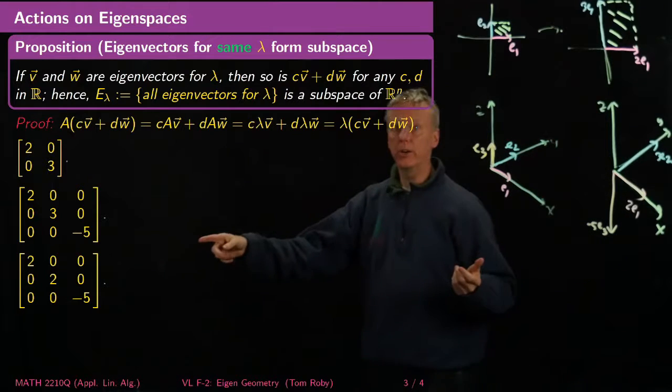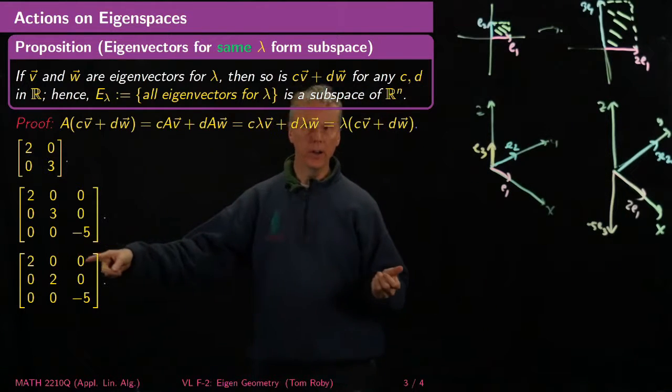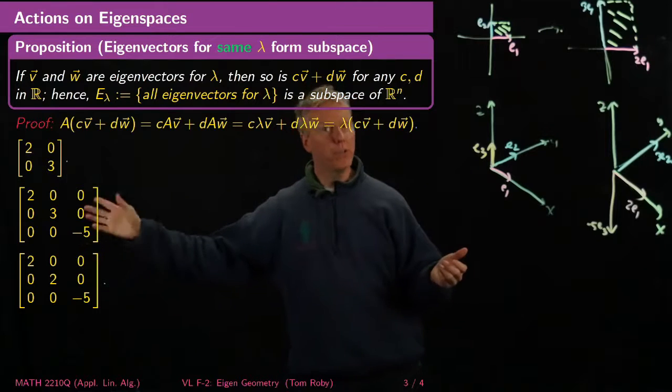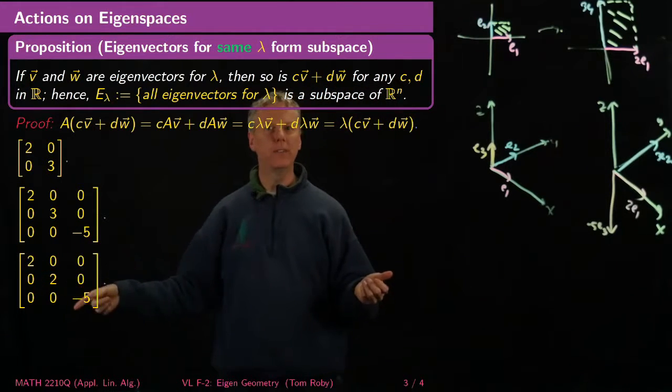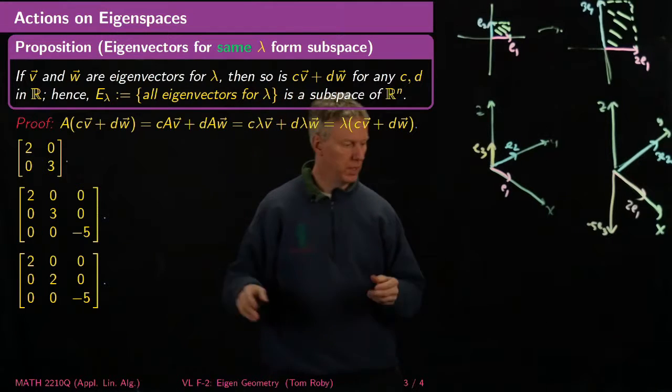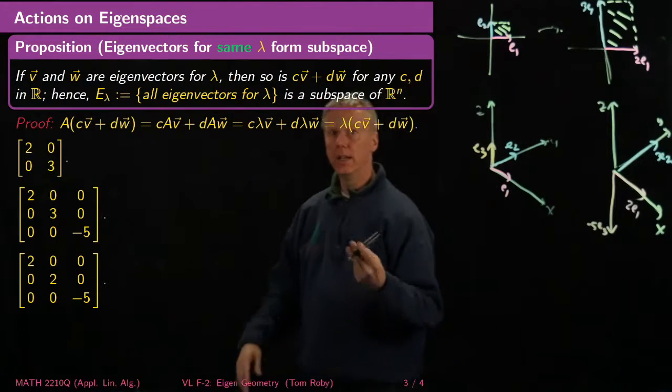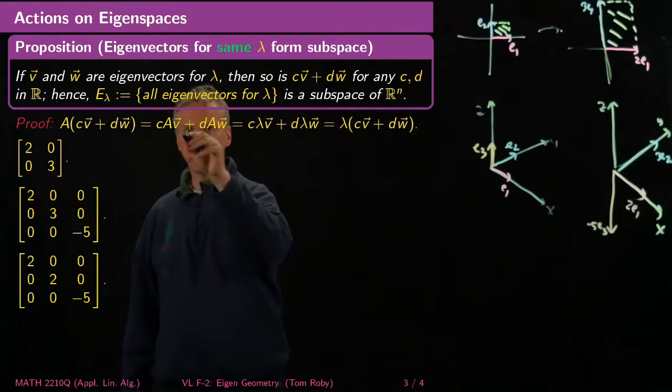Okay? But now here it'll be a little bit different, because here I have 2, 2, minus 5. So I have a repeated eigenvalue. So I want to think of 2 as being an eigenvalue of multiplicity 2. And what that does is, let's draw the picture for this one too.